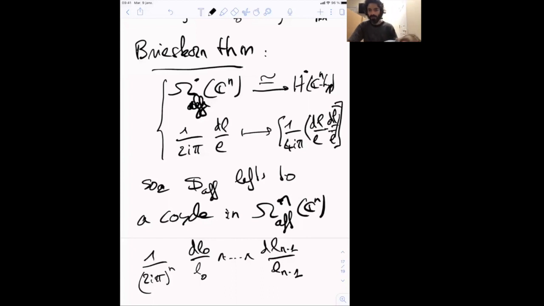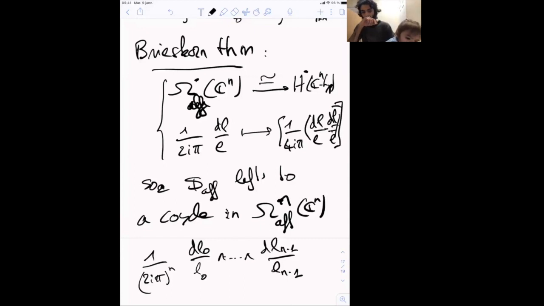Just a small comment. There's no arithmetic meaning to this integral of eta over these modular symbols, but it's nonetheless a period in the sense of Kontsevich-Zagier. There's one form that you're integrating over a cycle, and it's nonetheless an interesting number.